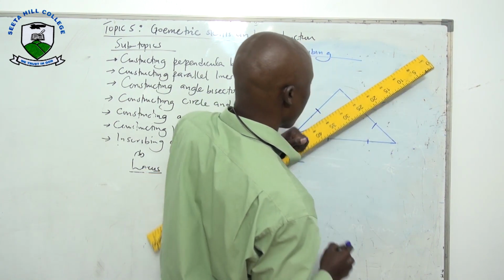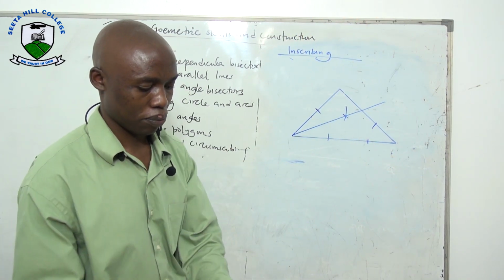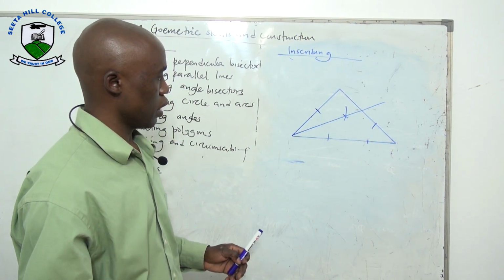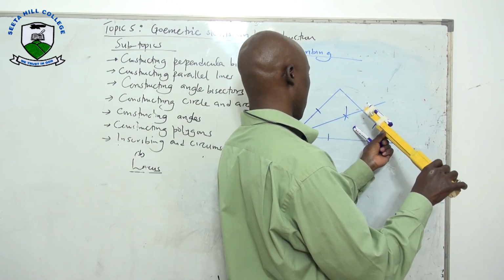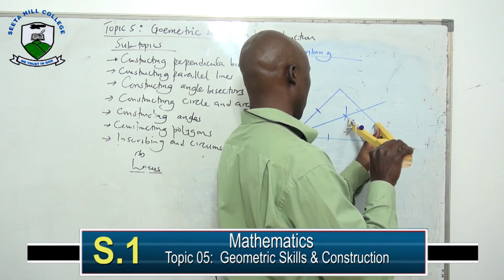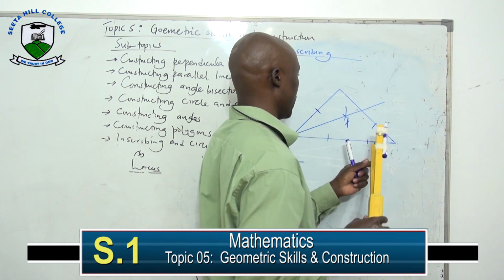That's called the angle bisector. Then do the same here to have an angle bisector.